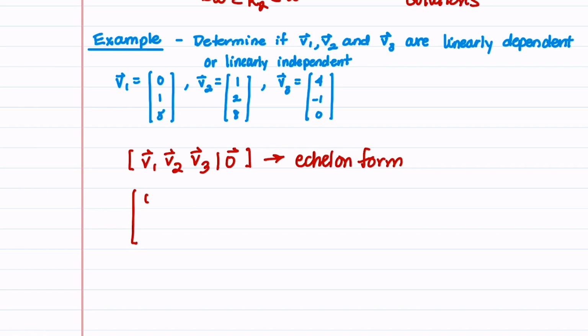Our matrix looks like this. And I'm going to skip the reduction steps. And this is what we end up with.